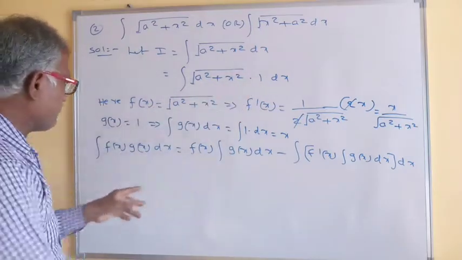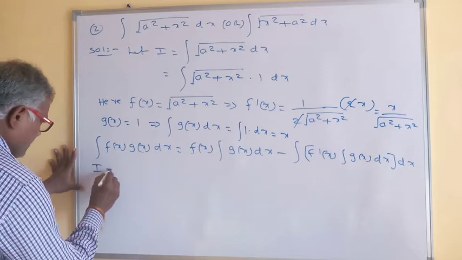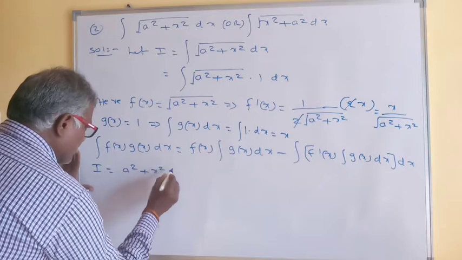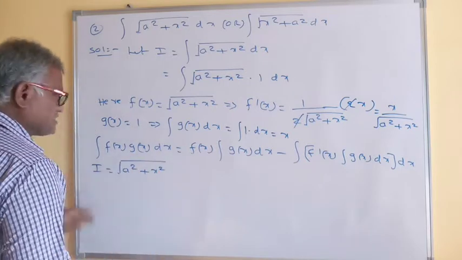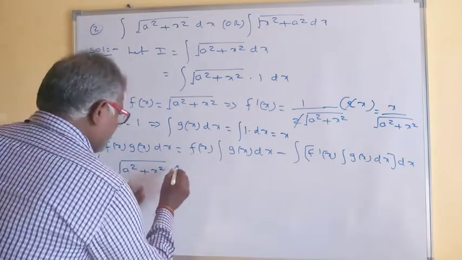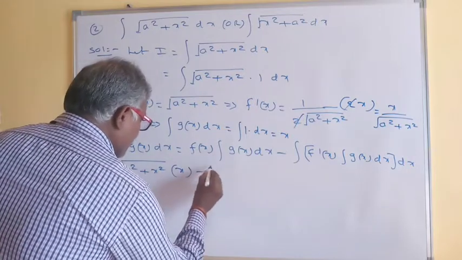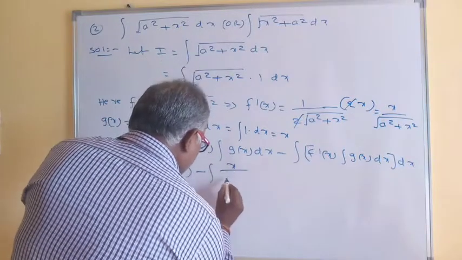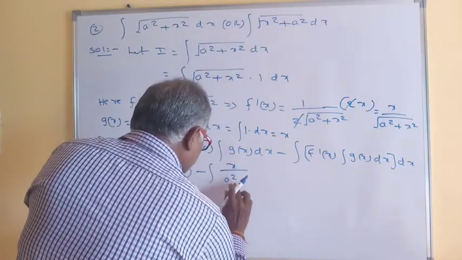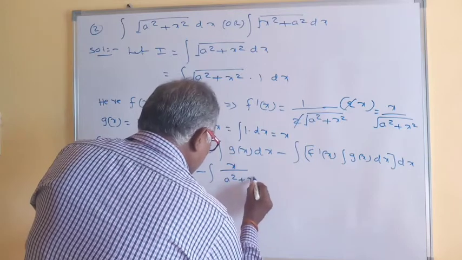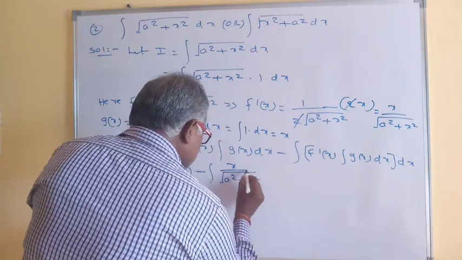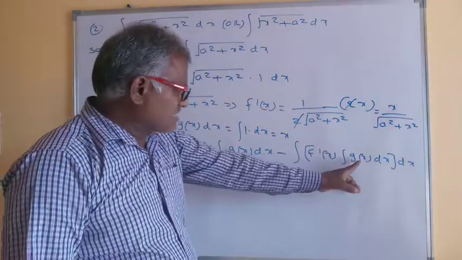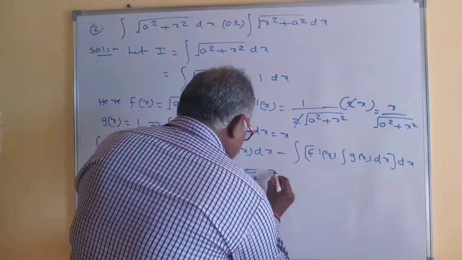So by the formula, I is equal to f of x, which means a square plus x square under root, into the integral value x. Okay. Minus the derivative of this one. What do you have to obtain? x by square root of a square plus x square. This is the derivative of this one, f dash x. Next, the integral value. What is the integral value? x. Okay.